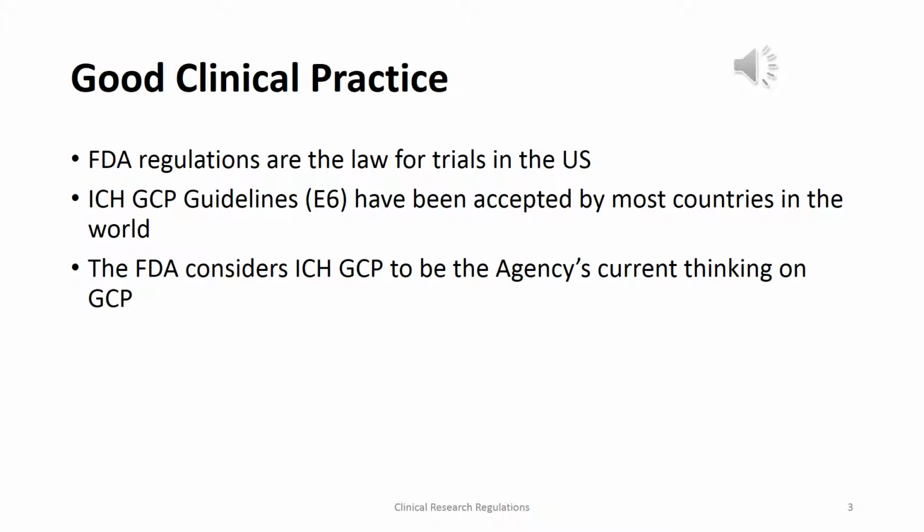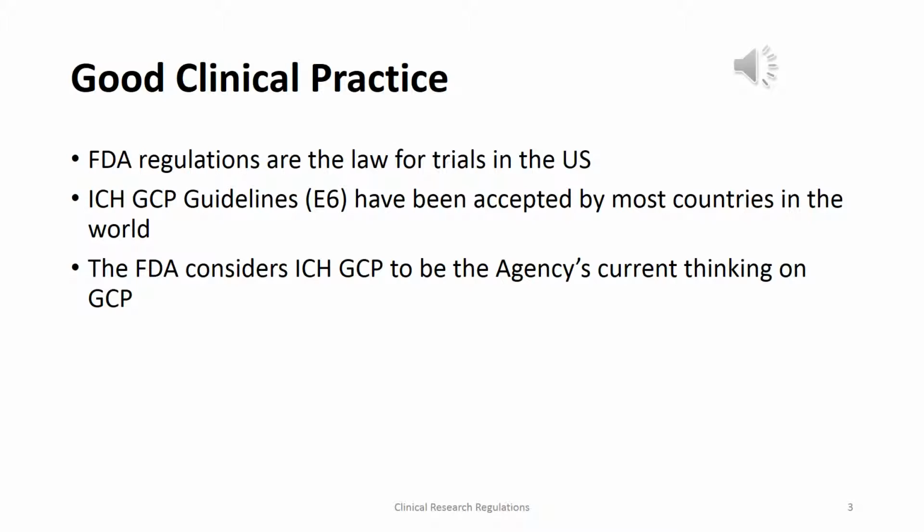For those of you that were in the Introduction to Data Management class, we discussed some of those in that class. The next area is 21 CFR Part 50, which is the protection of human subjects. We'll actually refer to that a little later in our course.